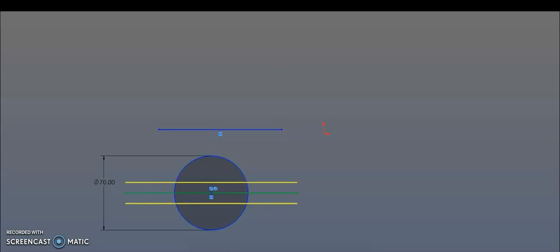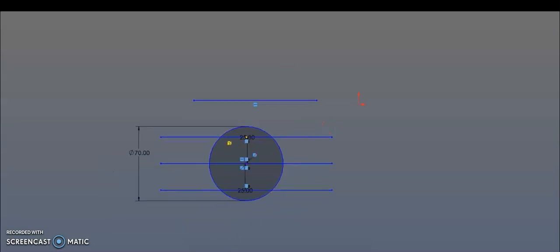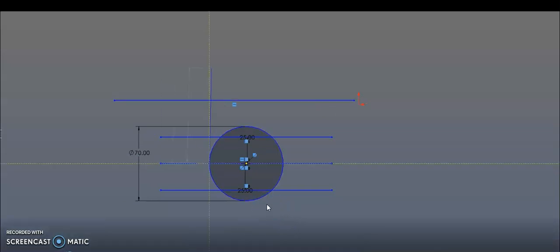Now how can it be drawn? First you have to construct the top view. The top view is a circle. Its diameter is 70 mm. We are not given the height of the cone.